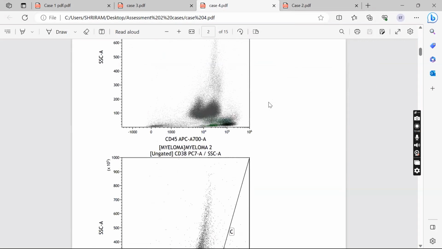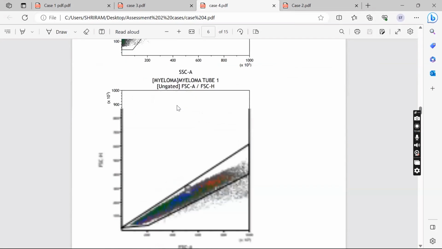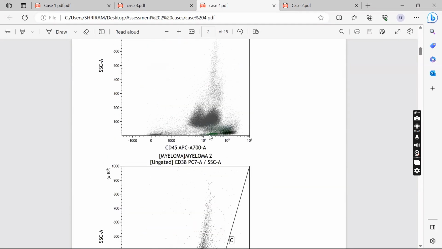Six abnormal phenotype markers confirm that this is almost a neoplastic plasma cell. You can see one more abnormal expression, which is downregulation of CD27 compared to normal plasma cells. You find 27 is downregulated in this population compared to this population.